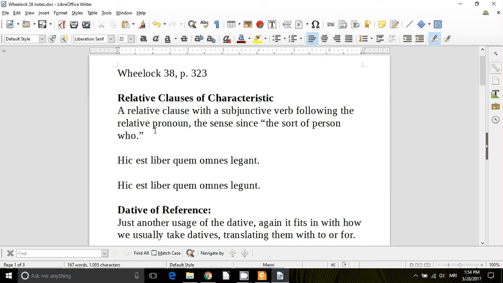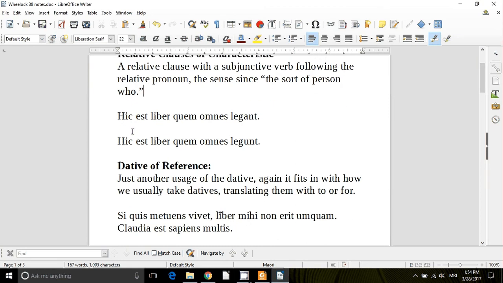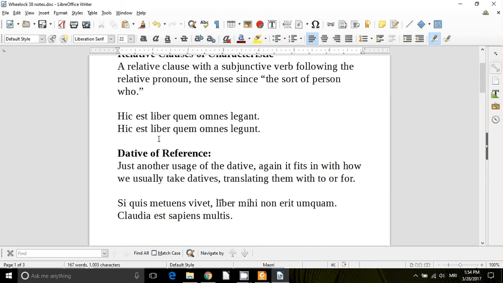changes the meaning of the clause. In what way does it change it? Well, take a look at these examples. You notice in these two sentences there's only one letter different. Legant is present indicative active. Legant is subjunctive present active.